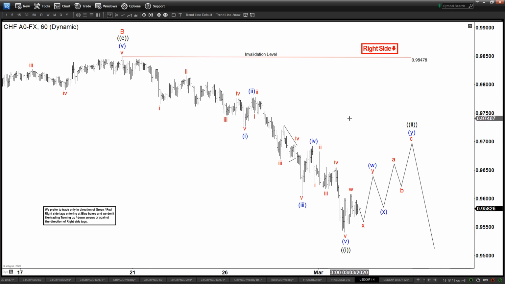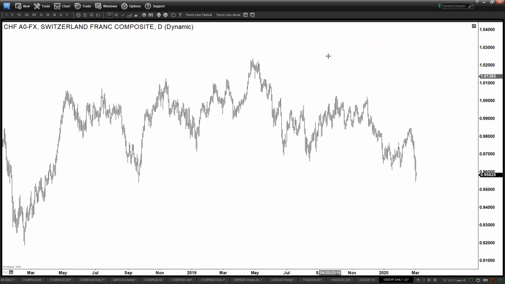If we zoom out a little bit, we can take a look here on the daily without any labels. But you can see, if you look at it from April 26, 2019, we can come up with a sort of minimum target.